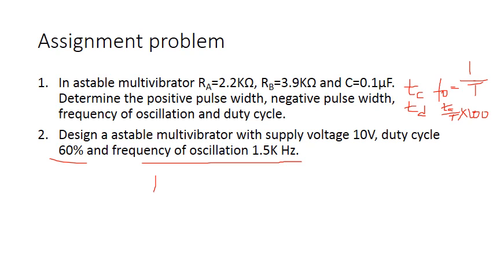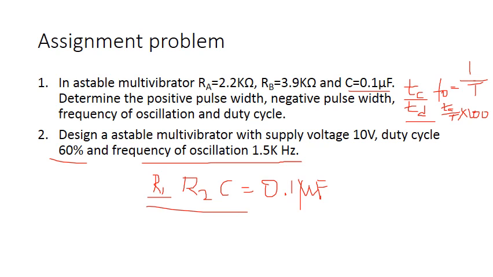In the sense, you have to design for R1, then you have to design for R2 and the capacitor C. Capacitor C can be selected as 0.01, 0.1 microfarad, and based on TC and TD equation you can select R1 and R2. Sorry, this is not RA/RB, this is R1 and R2. Just for better understanding, this is R1 and R2.